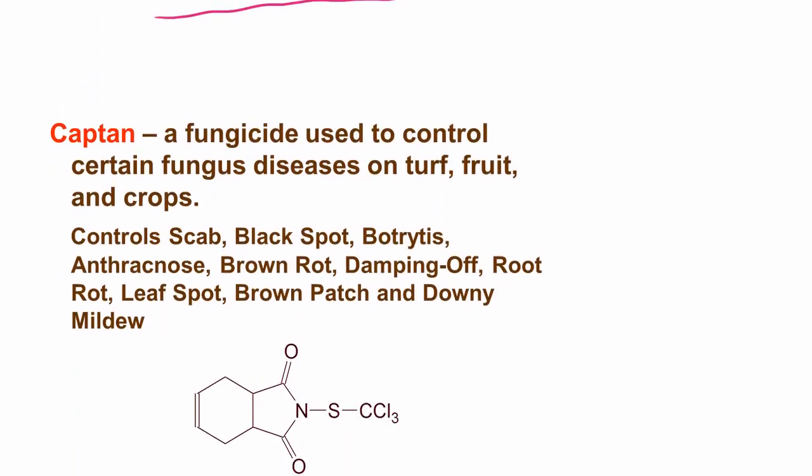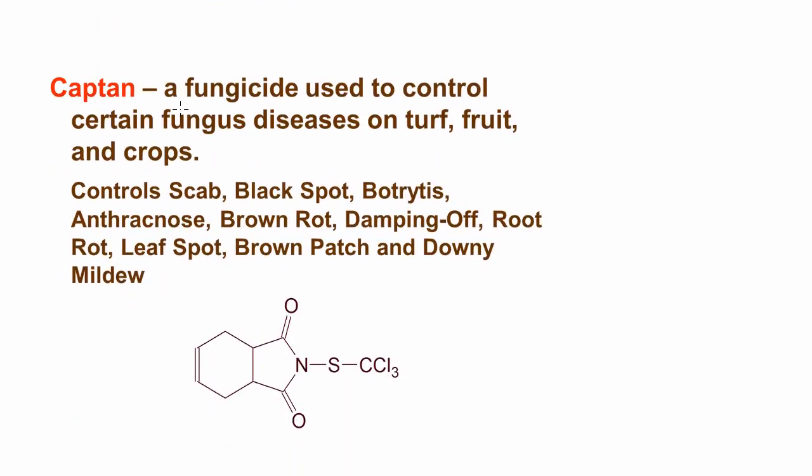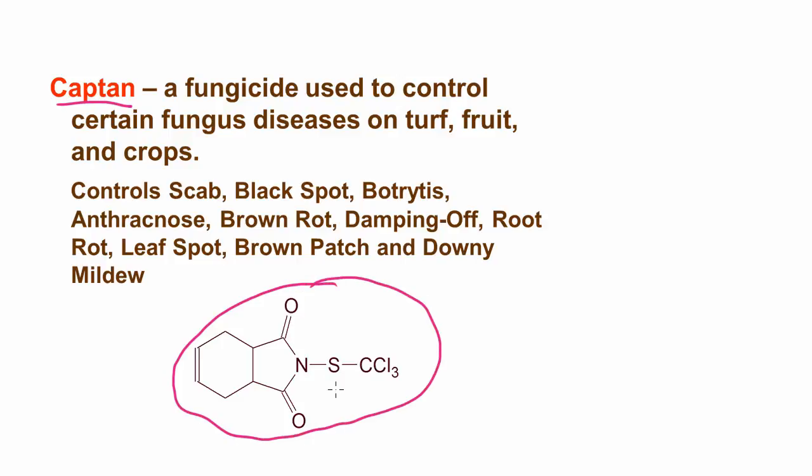And then we have another one, Captan, and this is a fungicide. It's used to control fungus diseases in plants and such. This is the structure here. We have these 2 rings here. We have the carbonyl groups, and of course the halogen atoms, the 3 chlorines.